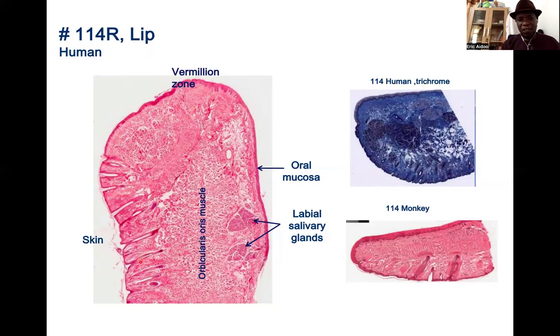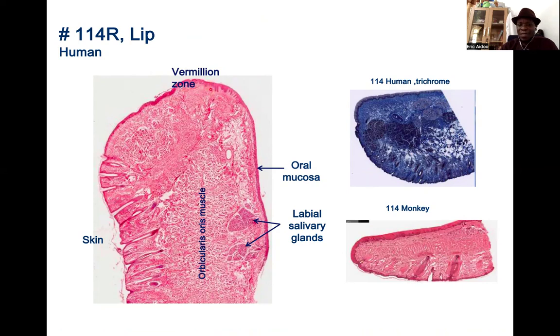Obviously, you expect that you have hair on the skin side, which is exposed to the atmosphere, but you don't expect to have hair within the part that is closer to the teeth. Can you imagine somebody opening their mouth to say hi, and then you see a lot of hair there? No. So you have the vermilion border here, which also has its own peculiarities.